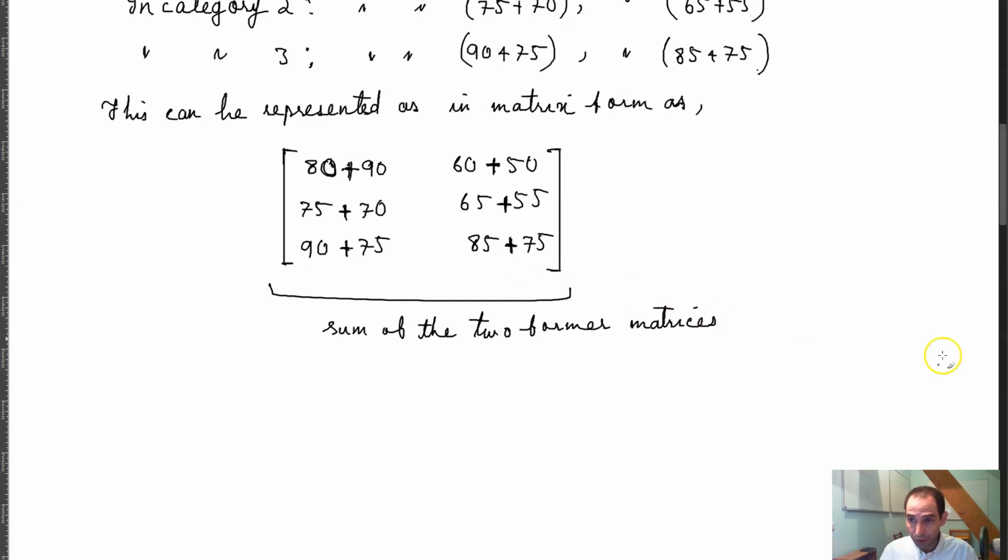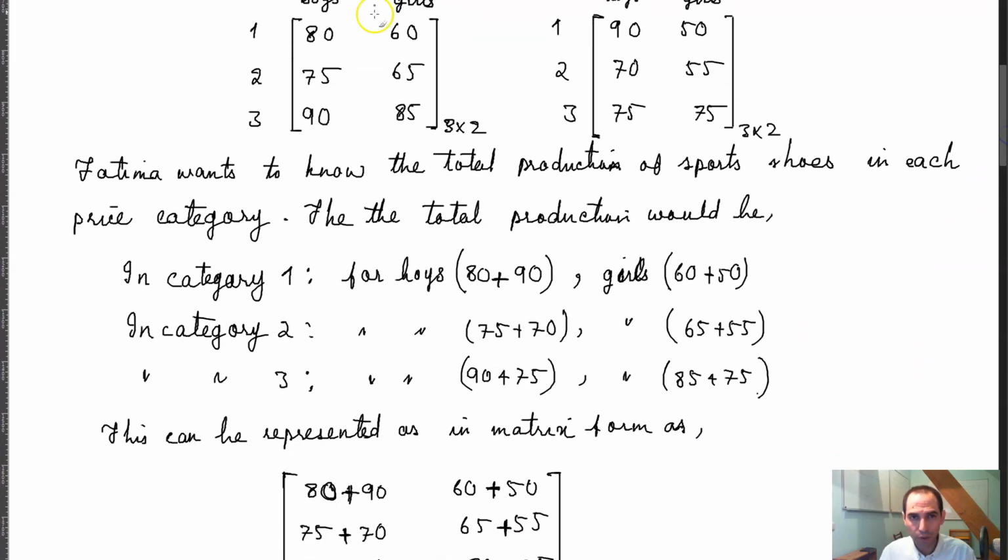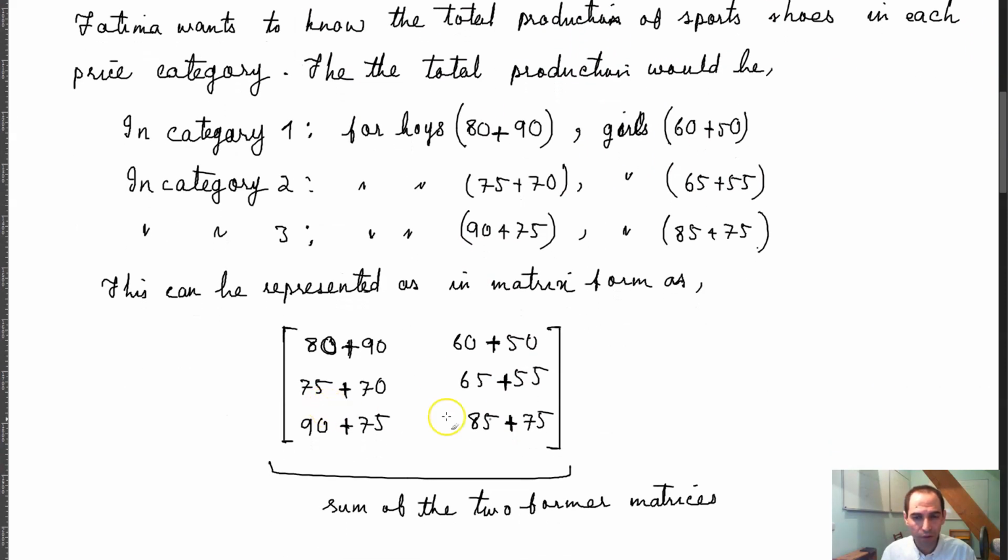The two matrices that we had were these two matrices. If you add the corresponding elements, for example 80 plus 90, 60 plus 50, 75 plus 70, 65 plus 55, 90 plus 75, and 85 plus 75, these are the corresponding elements of the two matrices. Add them together, and you'll get the sum of the two matrices, right?